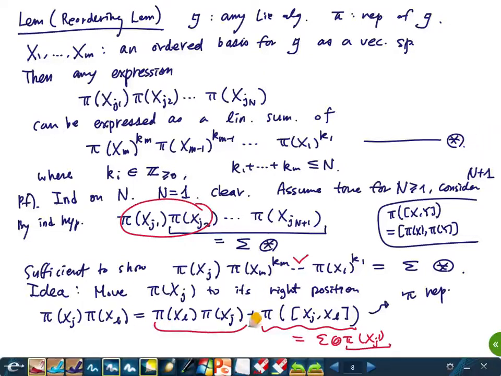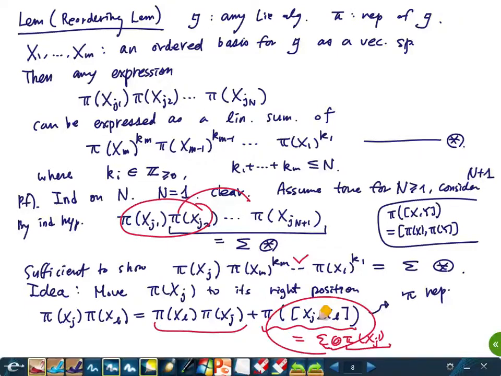And for this, we have to move this again and again. But each time we switch the order of two consecutive factors, we introduce one more term, which has one fewer factor. So by induction hypothesis, that can be dealt with.